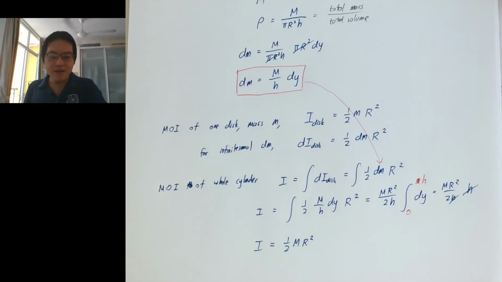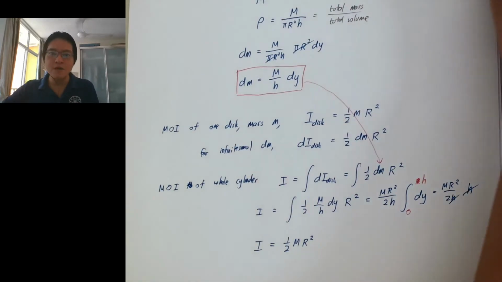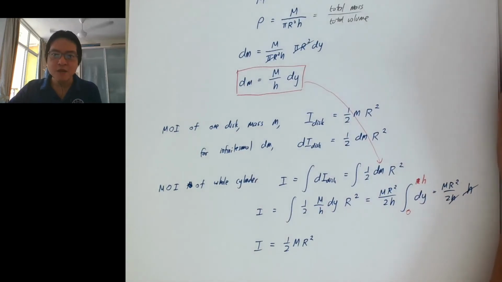Okay, in the lecture notes I included a list of other, more common objects and their moments of inertia. We know how to do this one and this one already. Maybe you can challenge yourself to get this formula. Maybe if you want, I can show it to you on Monday. And we have done this already.